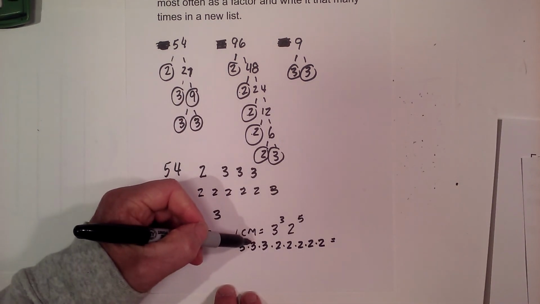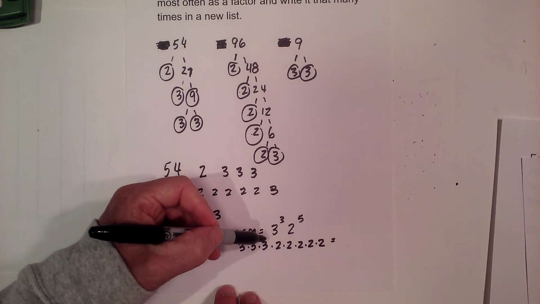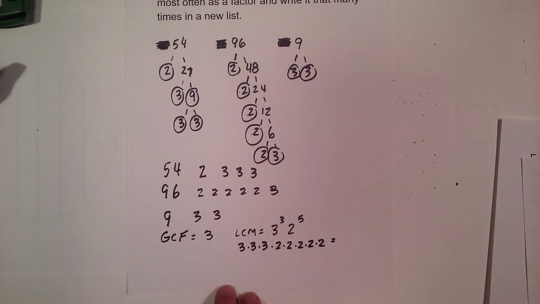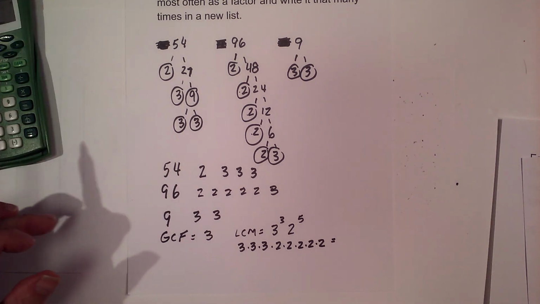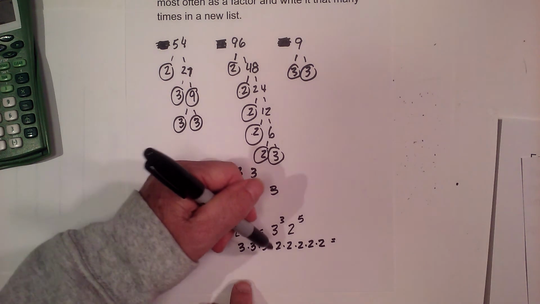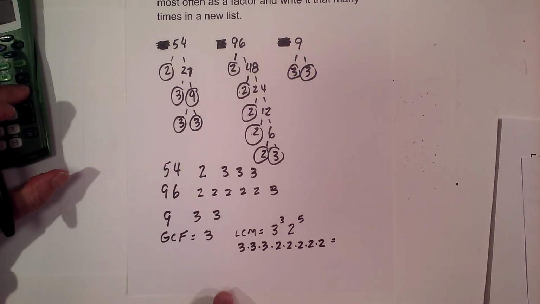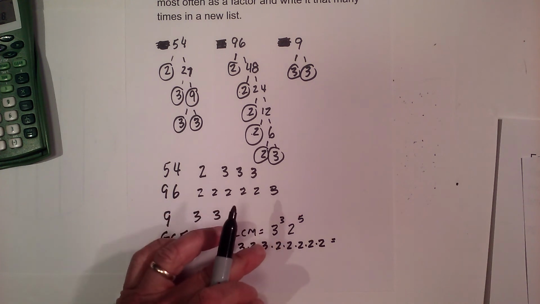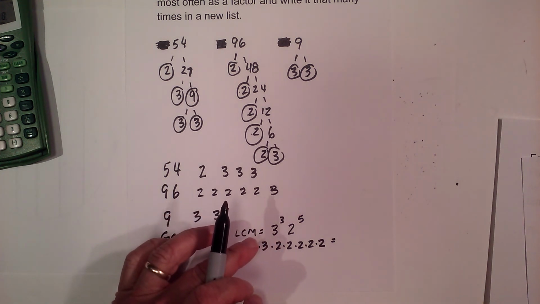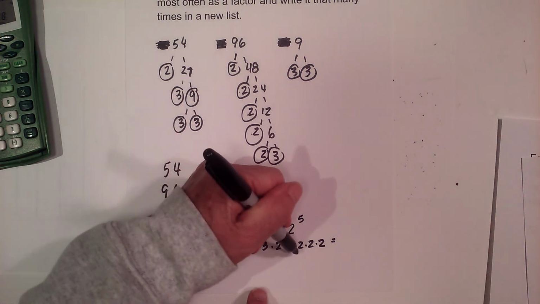So now I multiply these together. And 3 times 3 is 9, times 3 is 27. 27 times 2, I'll get my calculator out here. That's 54. Then 54 times 2 is, what is that, 108. And then 108 times 2, that looks like that's 216.